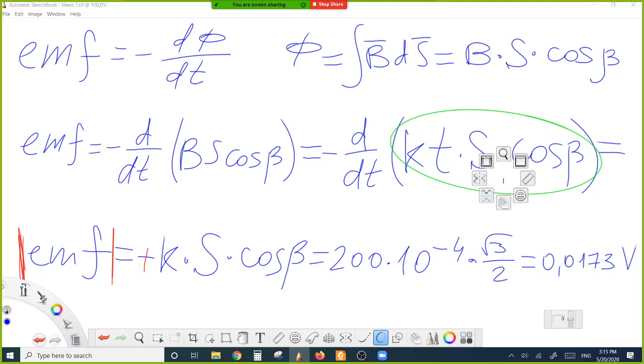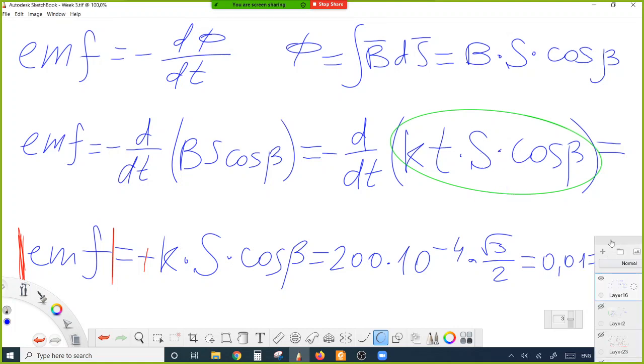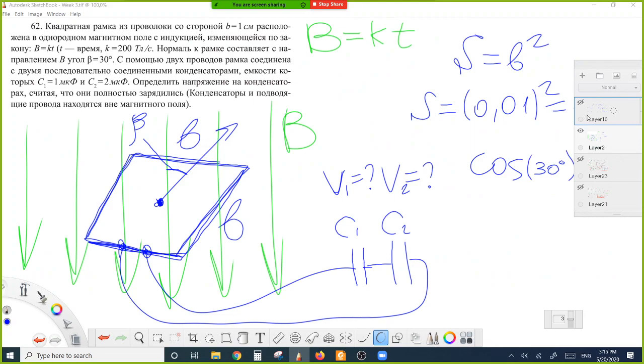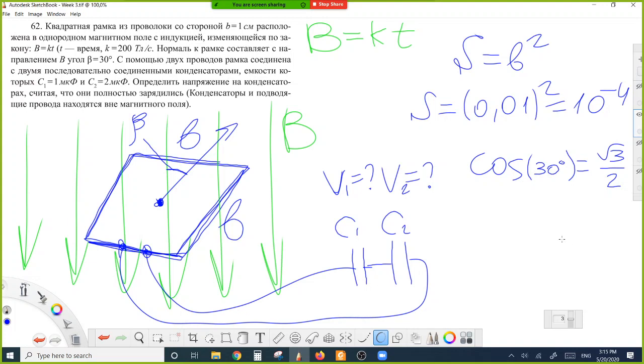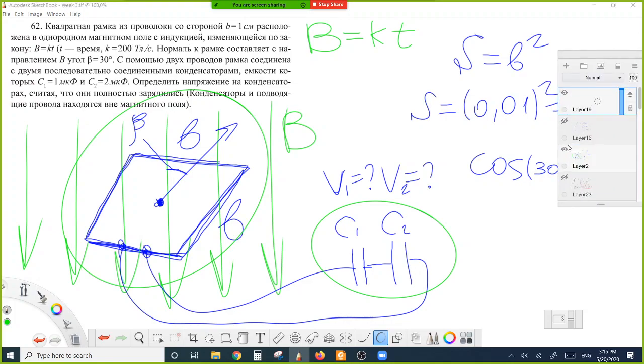Now let's go to our problem and see. Our problem suggests the following scheme. Our contour, in this case a square contour, is connected with the help of wires to the capacitors C1 and C2. Now let's redraw our circuit.